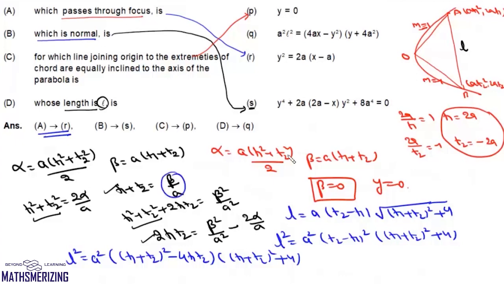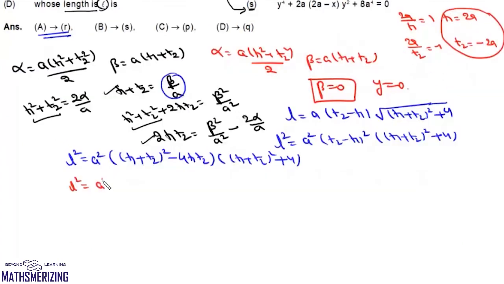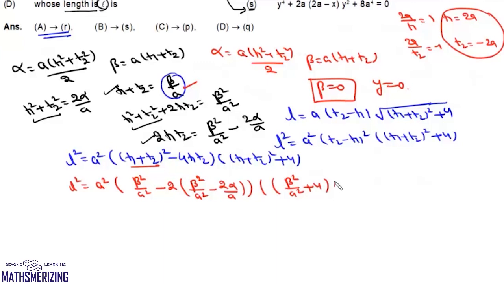So we can write this equation as L square equals a square, and now t1 plus t2 will be beta upon a, so it will be beta square upon a square minus 4 t1 t2. Minus 4 t1 t2 will be minus 2 times (beta square upon a square minus 2 alpha upon a), and again here it will be beta square upon a square plus 4.